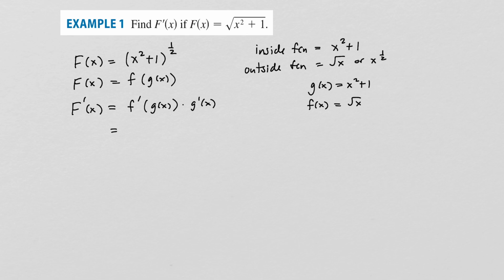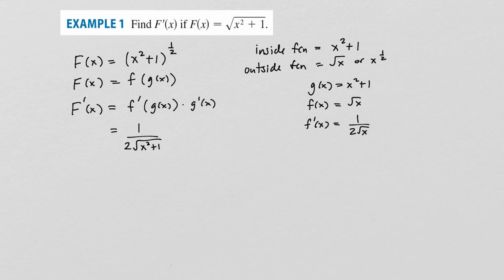So again, I am taking the derivative of the outside function, and that outside function is the square root of x, and we know the derivative of the square root of x is 1 divided by 2 times the square root of x. So that is our derivative, but then we're going to evaluate that at g of x. So f prime of g of x becomes 1 divided by 2 times the square root of x squared plus 1.